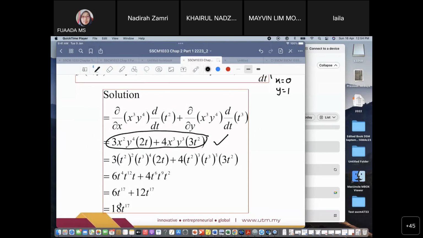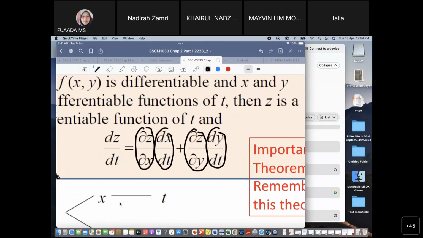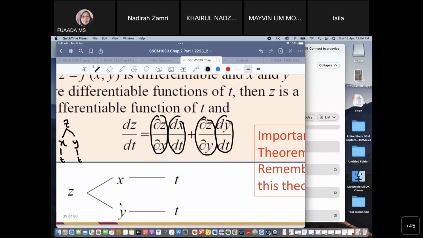So you don't need to memorize the long formula earlier. It is very simple. Even without the chain, if you understand, you can know this formula. In the exam, there are no extra marks for the chain.